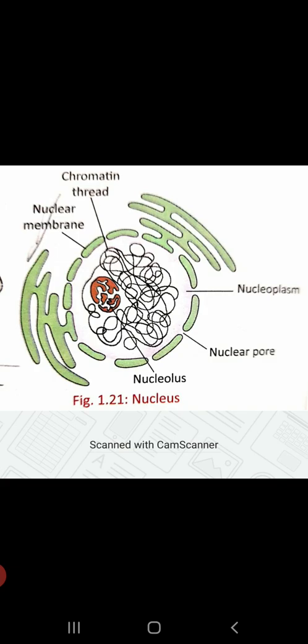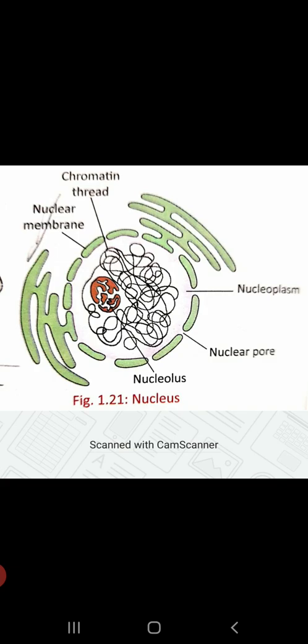Now starting with the nuclear membrane, it is a thin porous membrane. What do we understand by porous membrane? By porous, we mean that the membrane has small holes present on it. So the nuclear membrane is the thin membrane that separates the nucleus from the cytoplasm. It is thus the outermost covering layer of the nucleus.